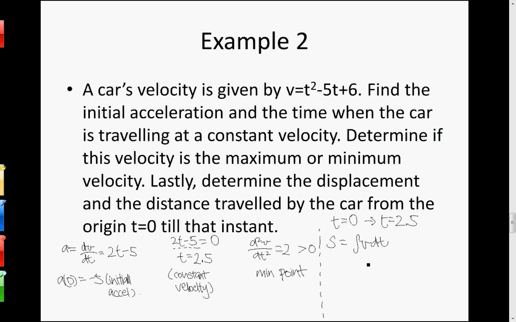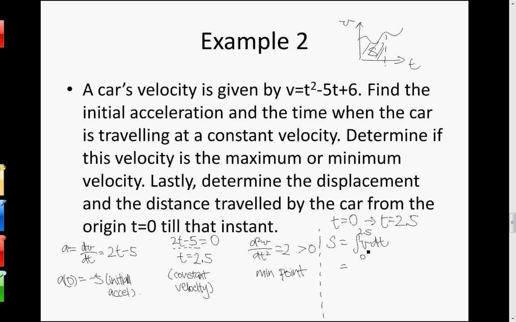I said it in the previous slide. However, we want to do it only from time equals 0 to time equals 2.5. Now you know that if I have a v-t graph, the area under the graph would be the displacement, right? If this is v and this is t. And so this is what we are doing from 0 to 2.5. What is the displacement traveled?